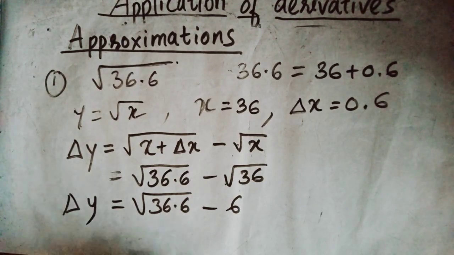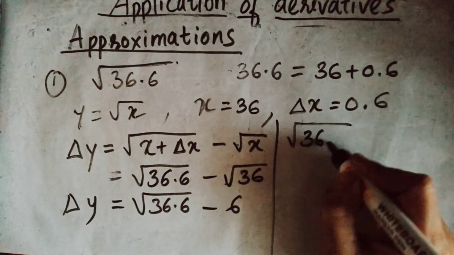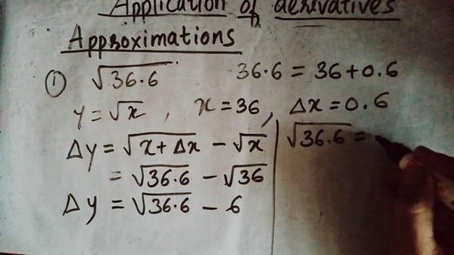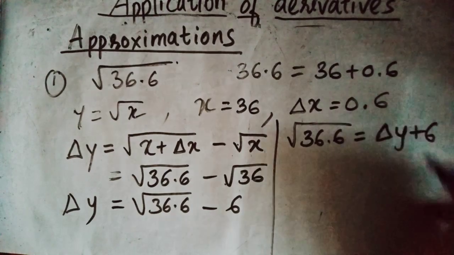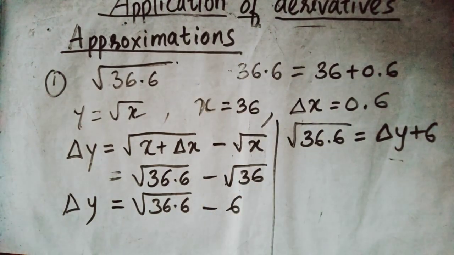Rearranging the terms, root of 36.6 is del y plus 6. So now you have to find the value of del y, that is change in y.